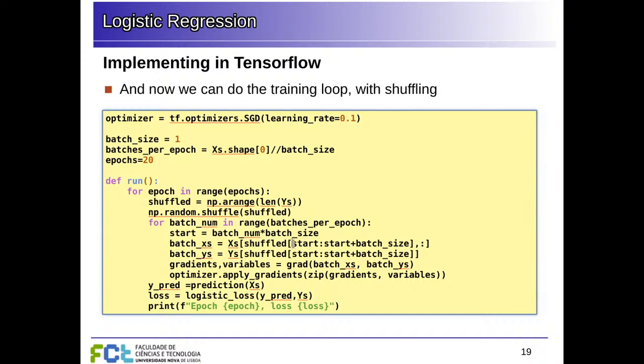So we start the batch at one value and take a slice of the size of the batch size, starting at this point. Basically we are reordering our data and taking out batches of whatever size we specify here. In this case it's 1, but we could use, for example, 10 or something like that, and it would take a slice of our data in this random order.